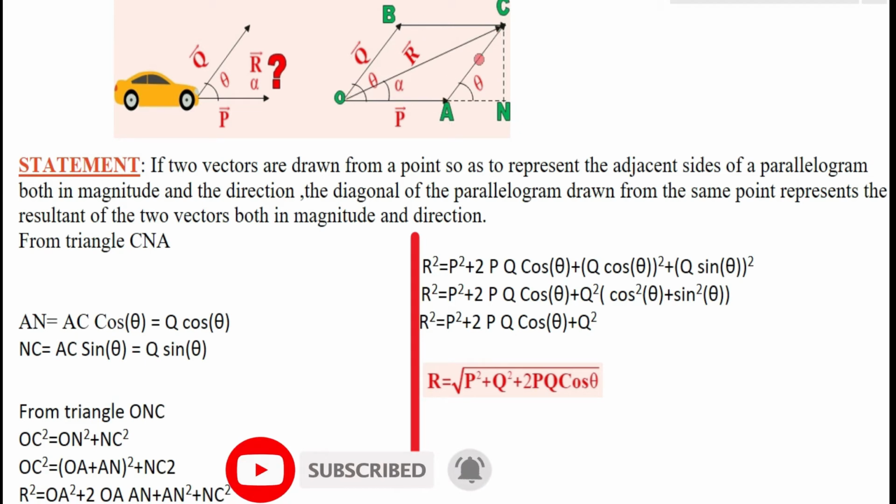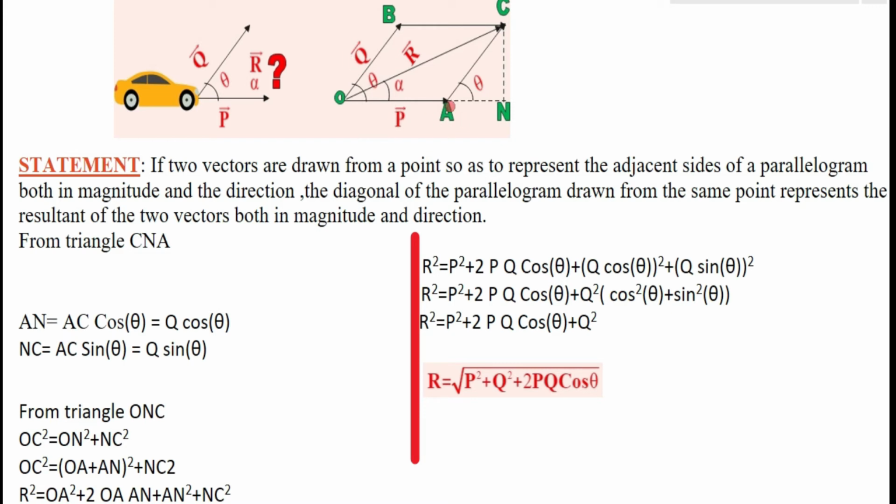That is, this length will be equal to Q. Similarly, I'll draw a line BC parallel to OA such that this length is equal to P, which is nothing but the magnitude of P bar. Okay. Since OB is parallel to AC, that means this angle will be equal to theta. This angle will be equal to theta, which is nothing but the angle between two vectors P bar and Q bar.